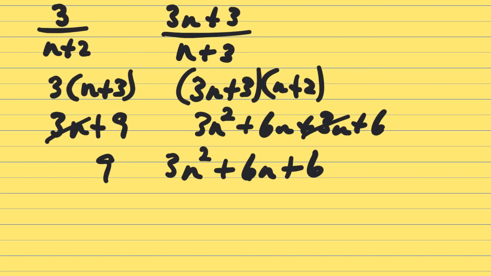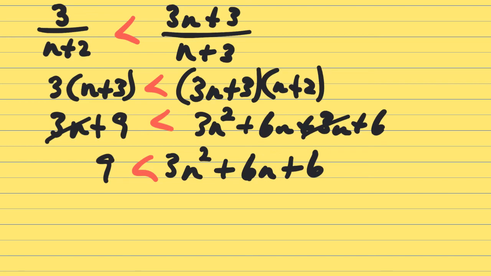Okay, so I'm going to go ahead and make the claim that the right side is larger than the left side. In your mind, let's let n be 1. Substitute 1 in for the n's, and you get 3 times 1 plus 6 times 1 plus 6, which is, what, 15?